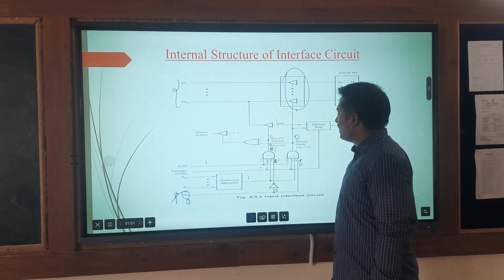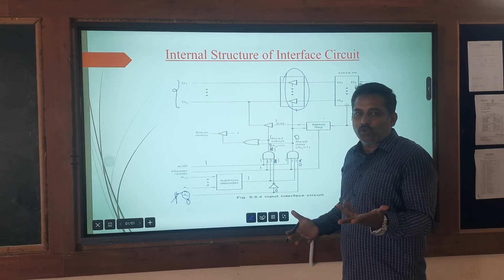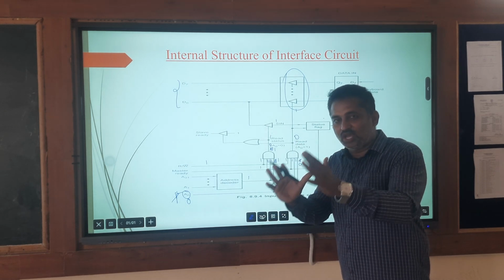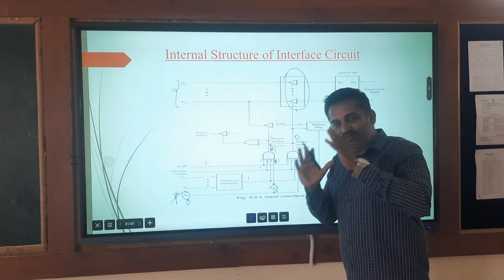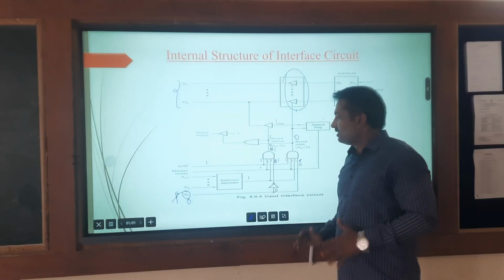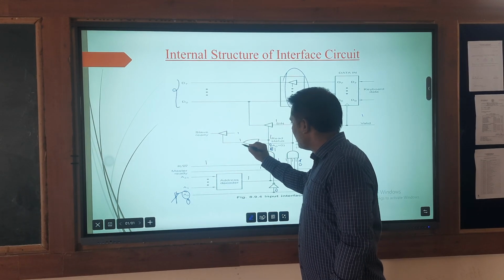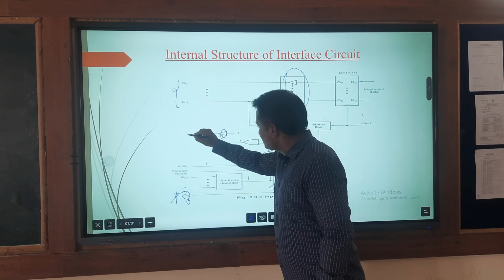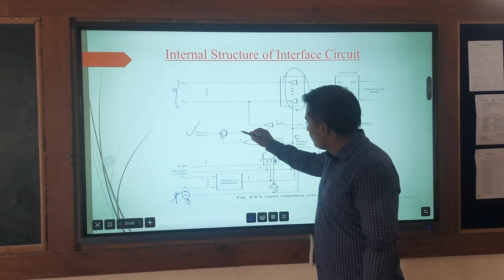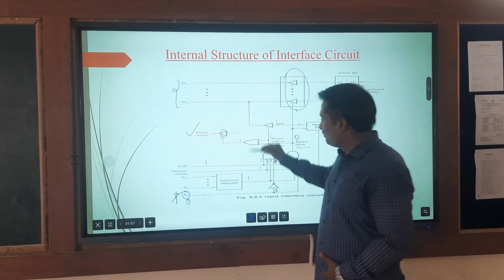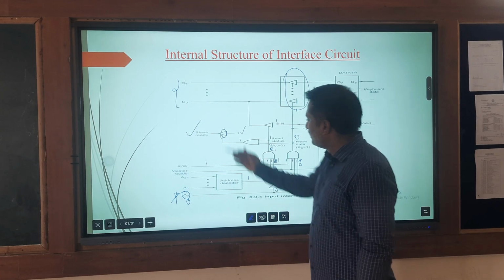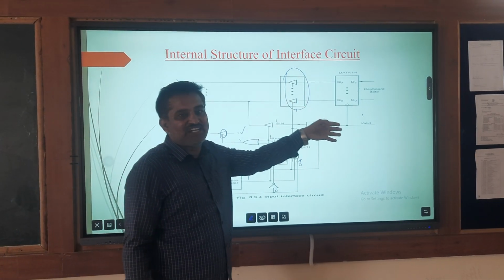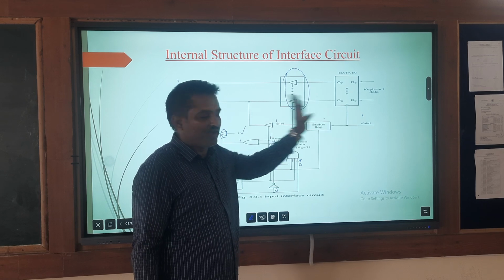When one of the inputs of the OR gate is 0, no problem. Only if all the inputs of the OR gate are 0 is the output equal to 0. When any one of the inputs is equal to 1, then the output is equal to 1. Then this will act as an enable signal for the slave ready. So obviously the input of the slave ready is always equal to 1, then the output is also equal to 1. That means the slave is participating in the data transfer.